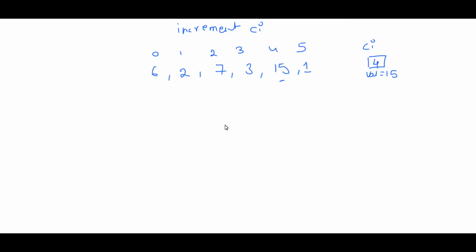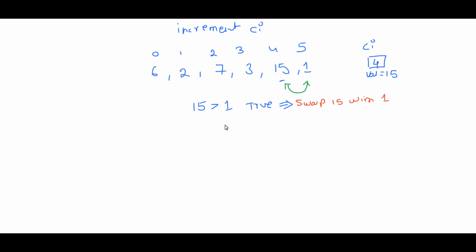So now we're going to repeat this step again. We're going to compare 15 with 1, and we're going to write 15 greater than 1, true, which basically means we're going to swap 15 with 1.